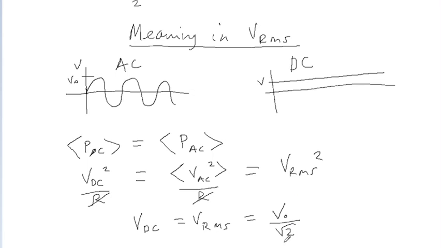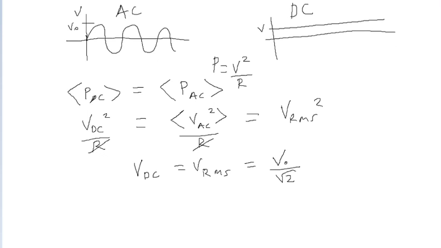And you can refer to earlier on in this video as to how we came up with the V naught over root 2 here. And it links to the power, the average power, because power is related to voltage by V squared over R. So if we find the average of V squared over R, we can use that to work out power, and if we equate these powers, we discovered that VRMS is the same thing as the equivalent voltage in DC.